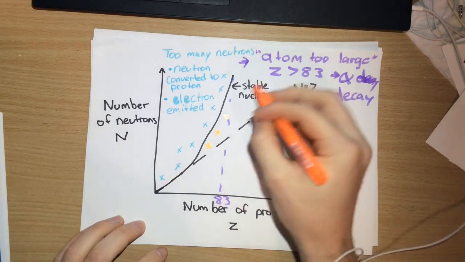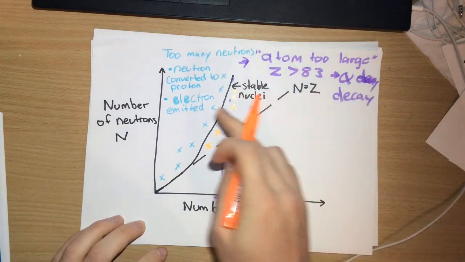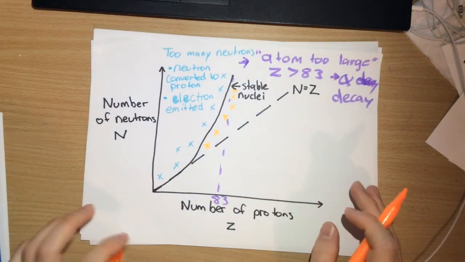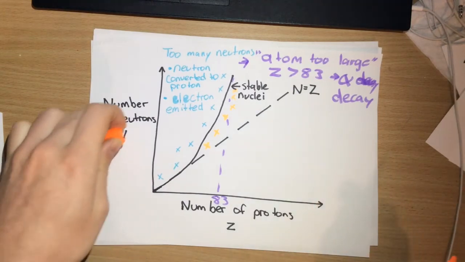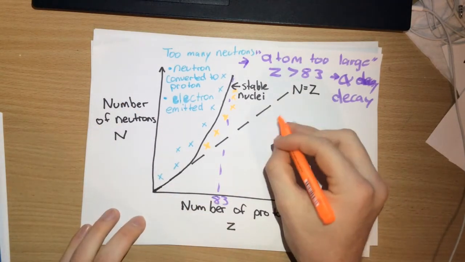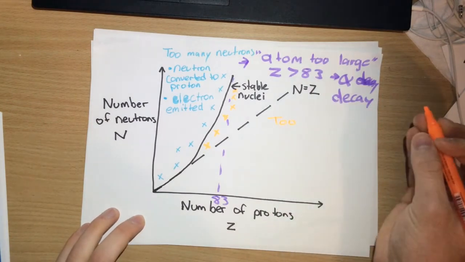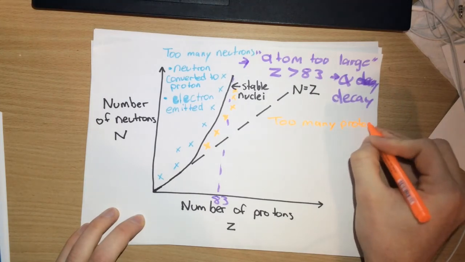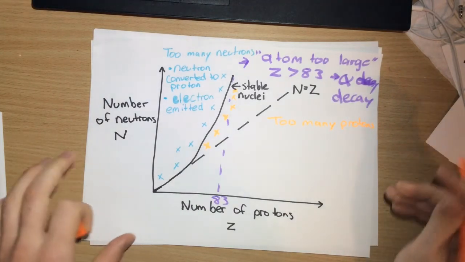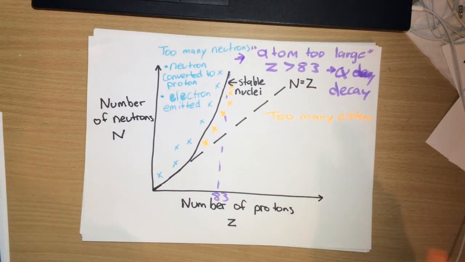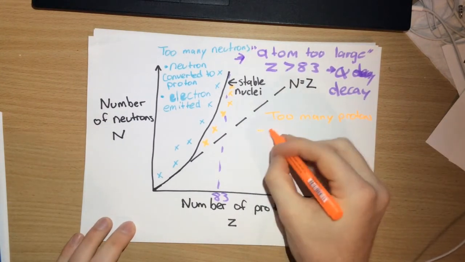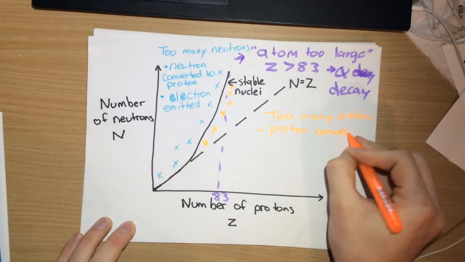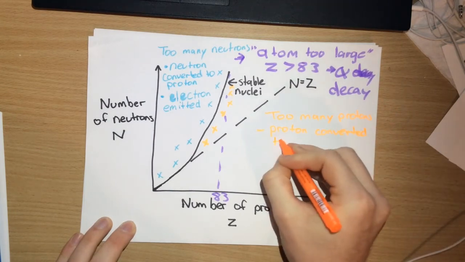The final area on this graph is down here below the line. If we get a nucleus below this stable nuclei line, you can think of that as not enough neutrons or too many protons. I'm going to write that down. If we have too many protons, a proton is converted to a neutron.